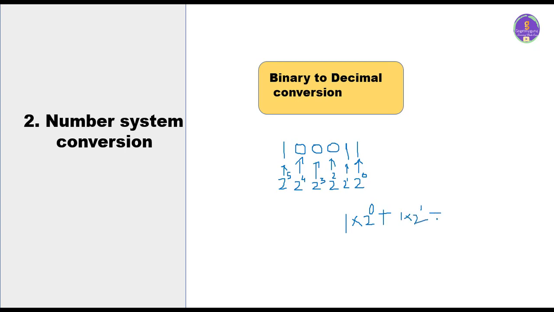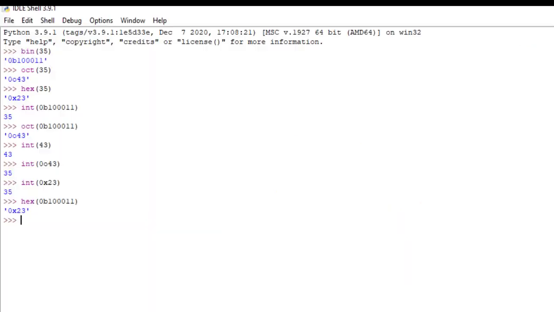So it continues like that until here. So 1 into 2 power 0 is 1 plus 2 power 1 is 2 plus 0 because we have 3 zeros. So 0 plus 1 into 2 power 5, which is 32. So 32 plus 2 is 34 plus 1 is 35. So you will get the equivalent as 35. I hope you are clear with all the concepts.